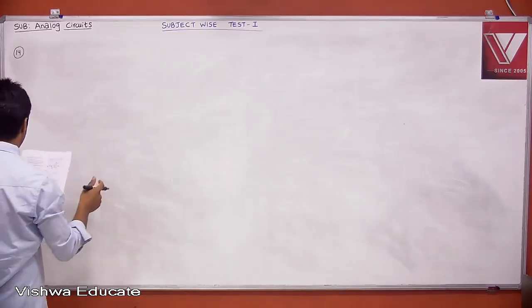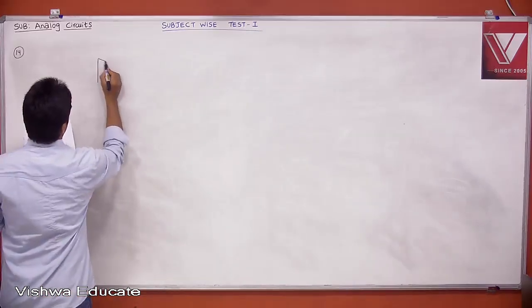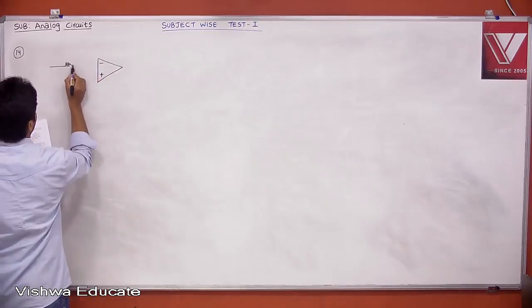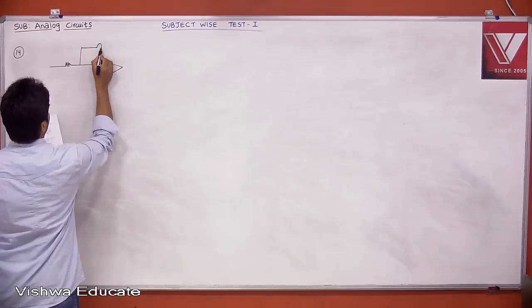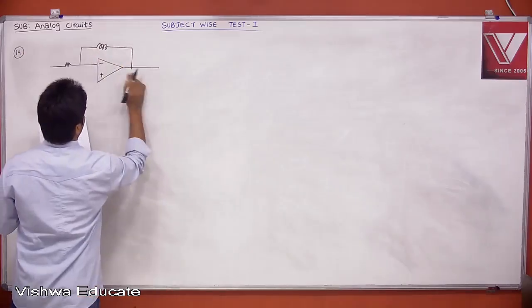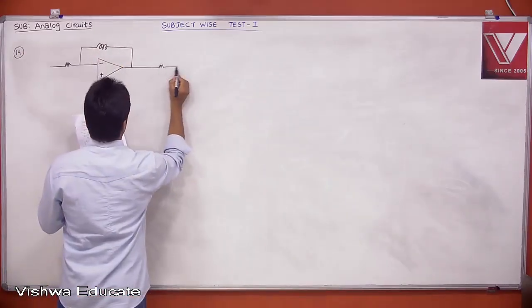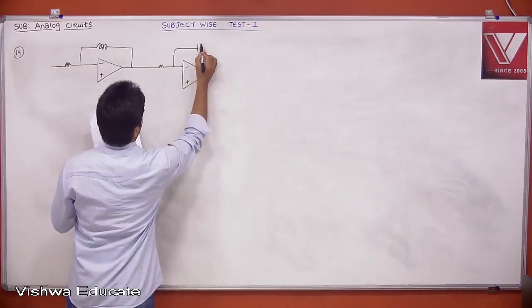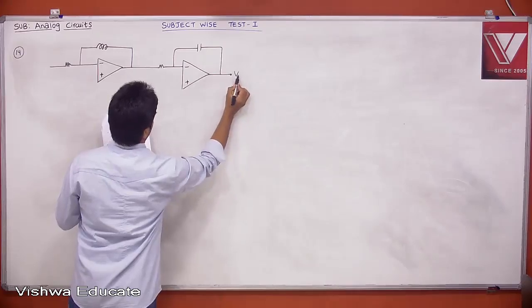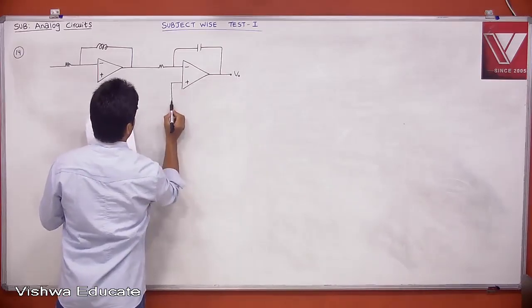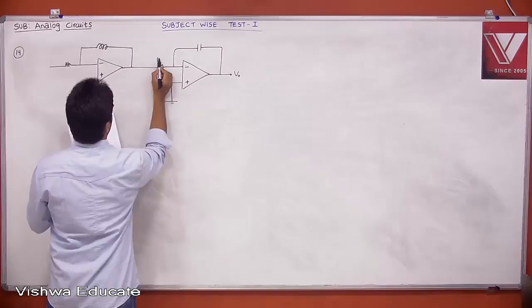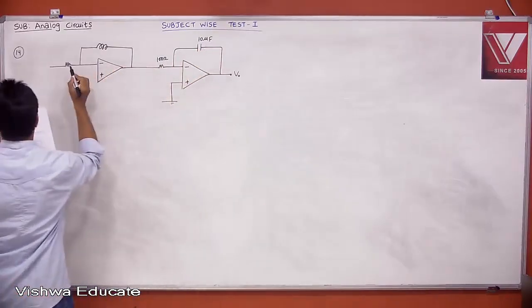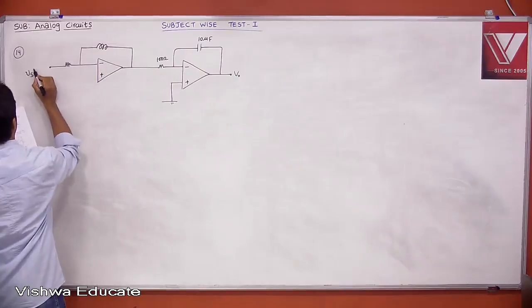The output voltage of the circuit is... this is your Vs. What is Vs?